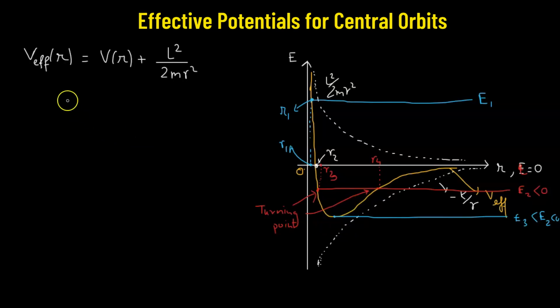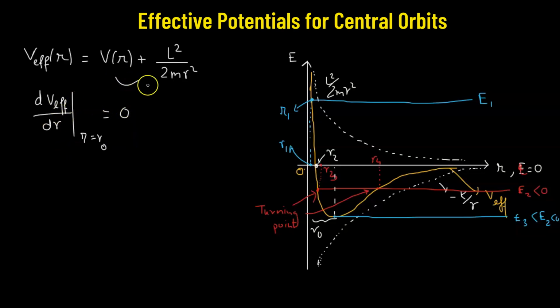Since it's at the lowest point, the change in effective potential with respect to change in R, where R is calculated at R0, and R0 is defined as the lowest point where the effective potential is at its minimum, is equal to 0.